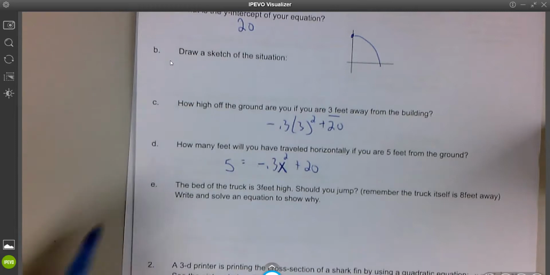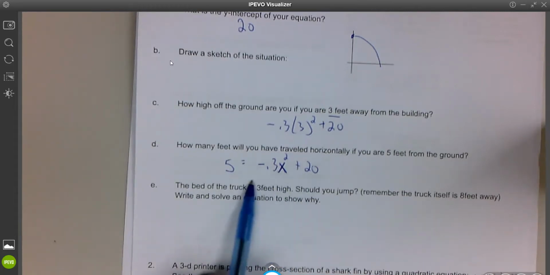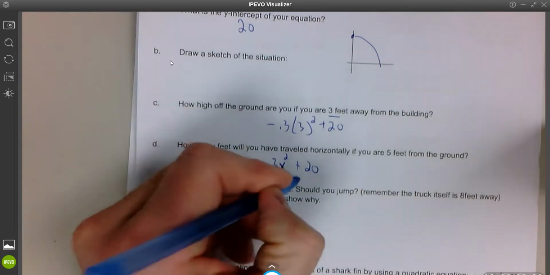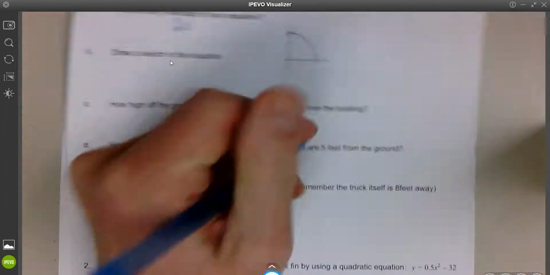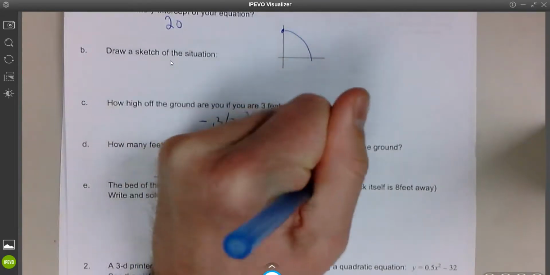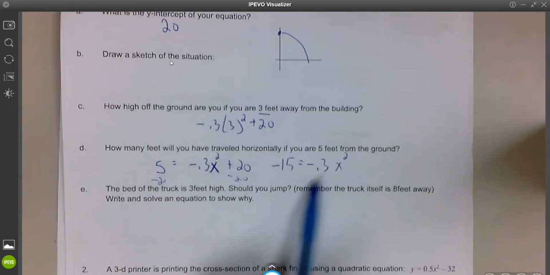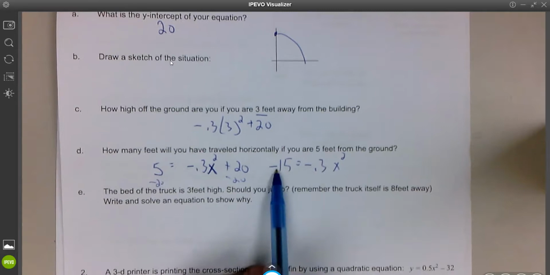I'll get my calculator ready just in case. I need to get X by itself, so I'm going to subtract 20 from both sides. I'm left with negative 15 equals negative 0.3 X squared. Next, I need to move this negative 0.3 to the other side. Don't be that kid who thinks you should add 0.3. No, you should not.